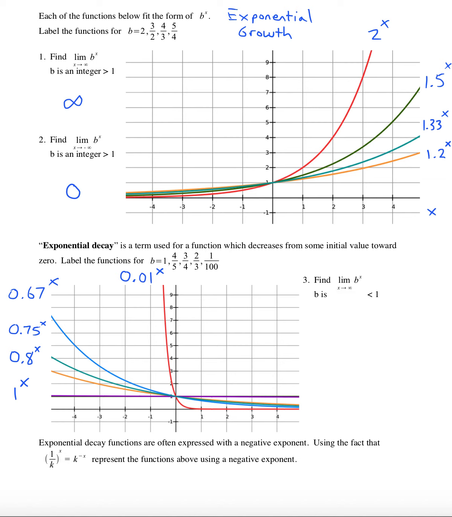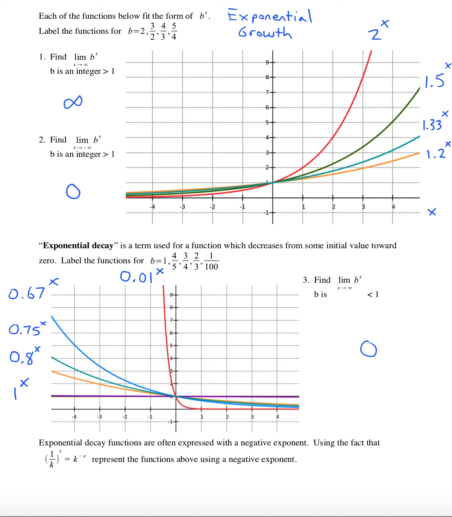Find the limit of the function as x heads toward infinity when the base is less than 1. The limit is 0. Next question is kind of interesting. It says, can you express the exponential decay function with a negative exponent instead of a positive one?